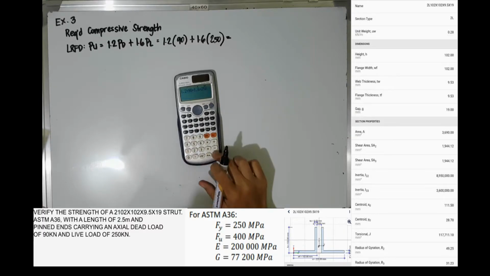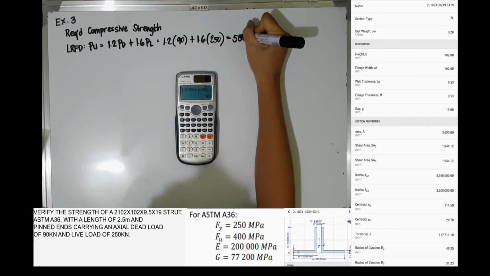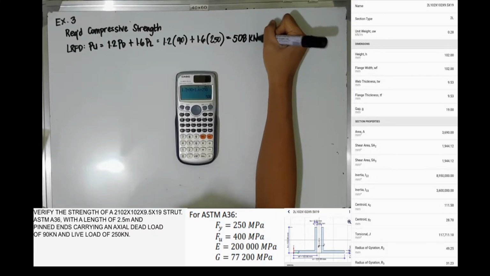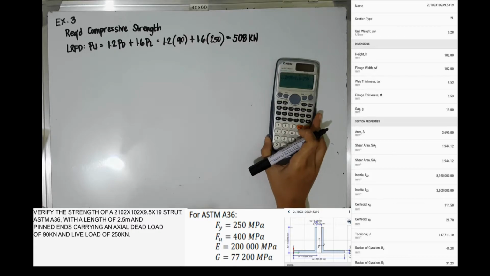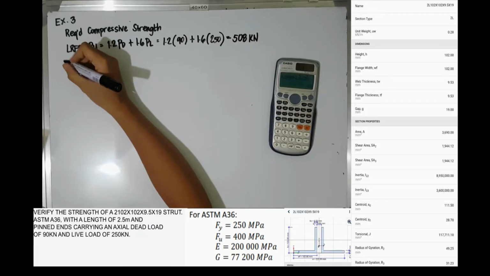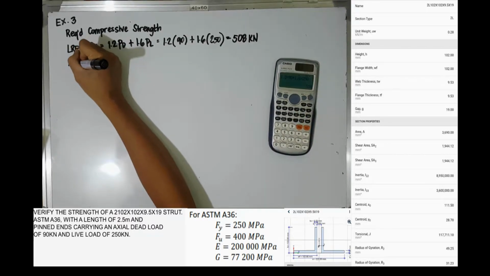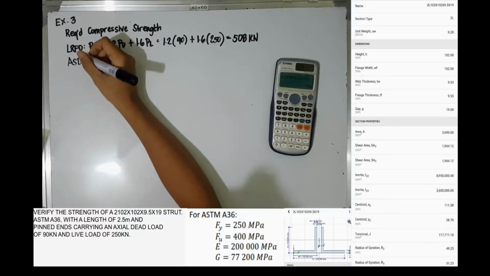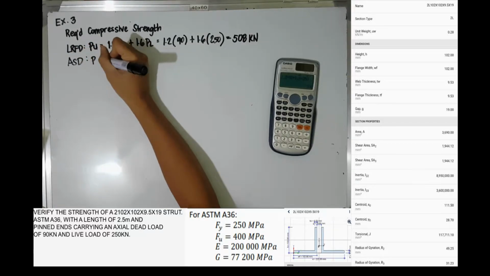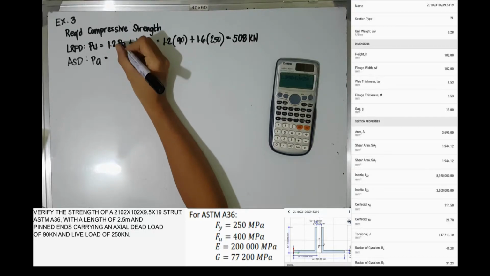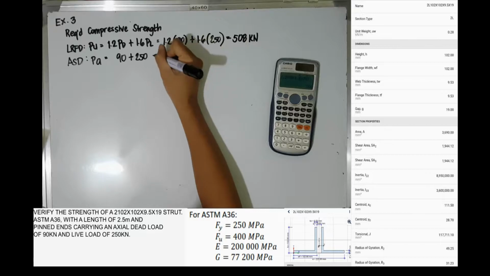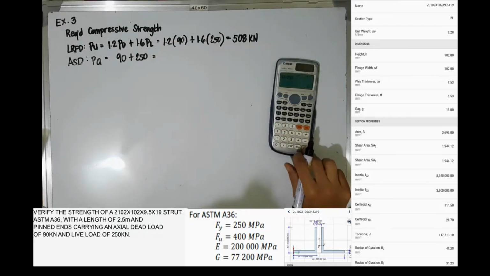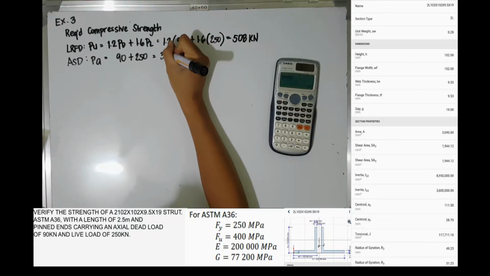So it is equal to 508 kilonewton. And under ASD, our required compressive strength is equal to the sum of the dead load and the live load. So 90 plus 250 would be equal to 340 kilonewton.